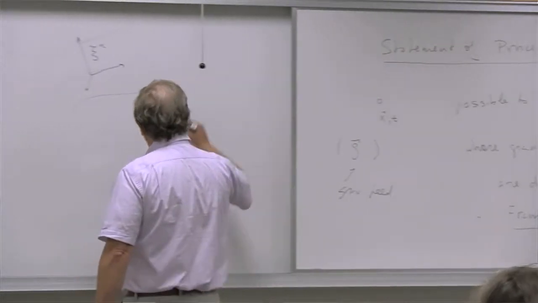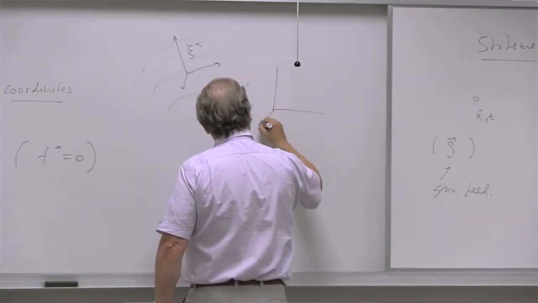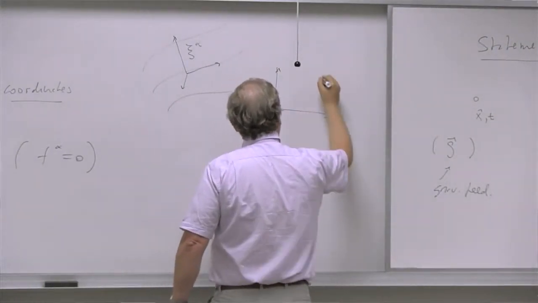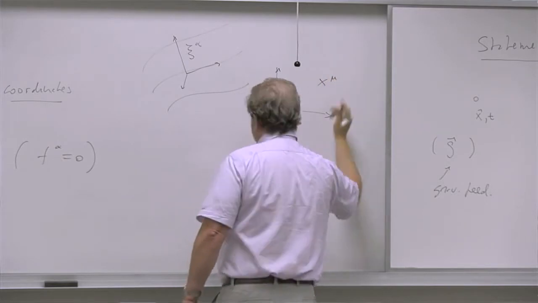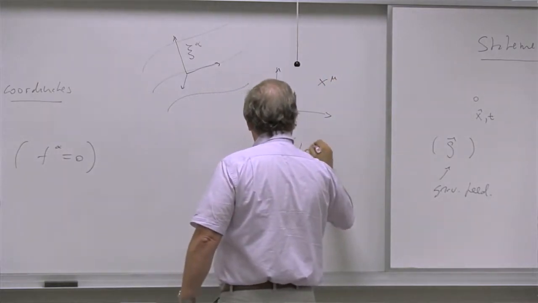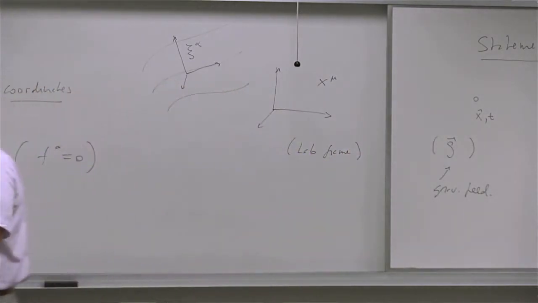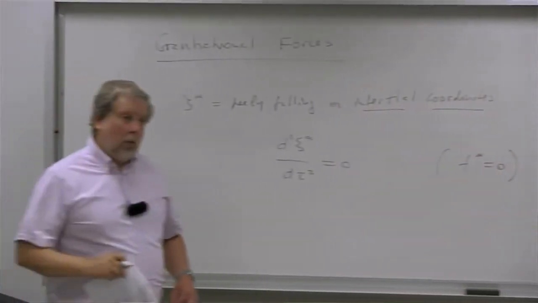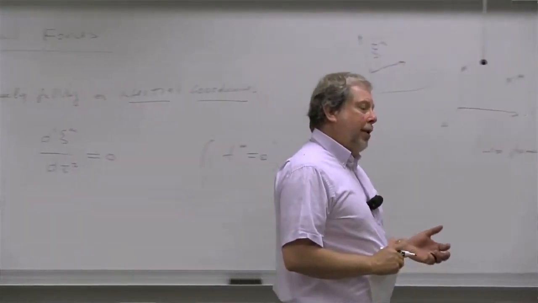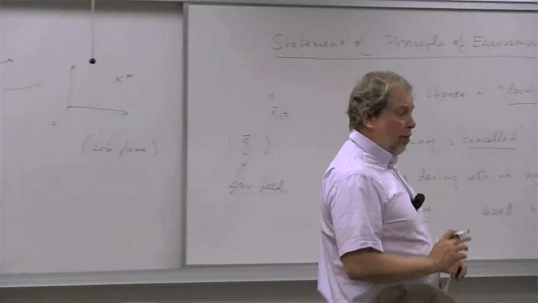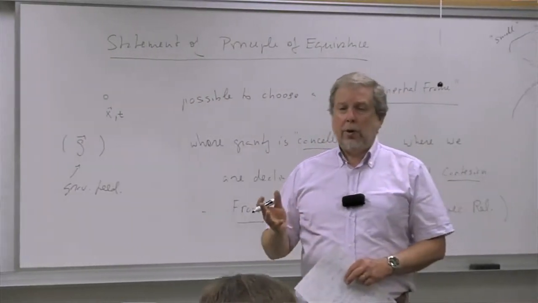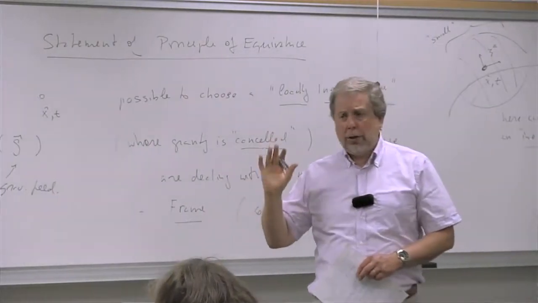So we have this frame out here, which is described by coordinate x mu. So this is the lab frame. And what kind of lab frame? Well, it could be any lab you want. It could be stationary with the Earth, stationary with Jupiter, stationary with whatever you choose.